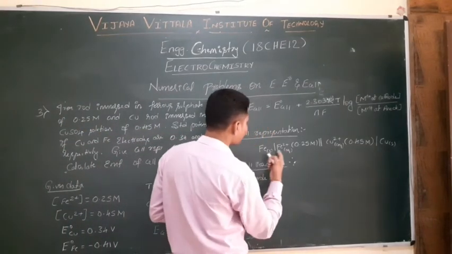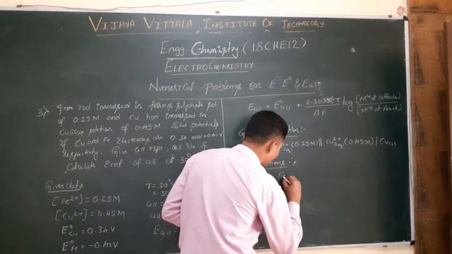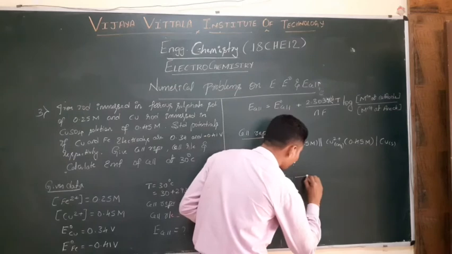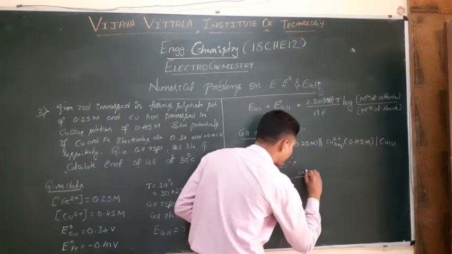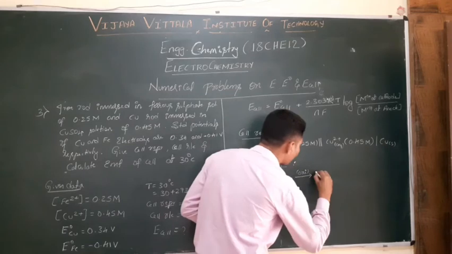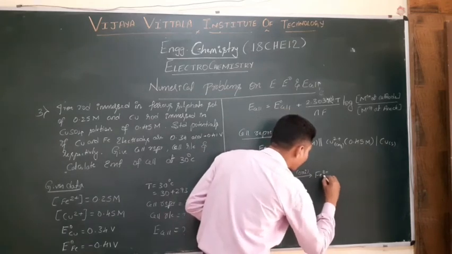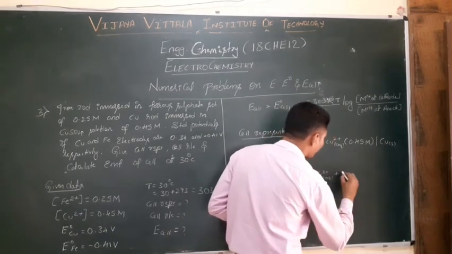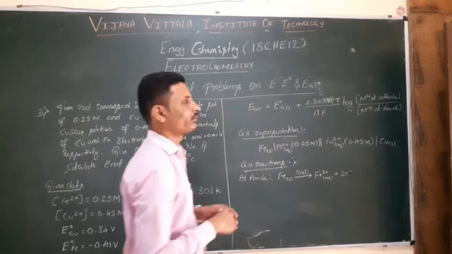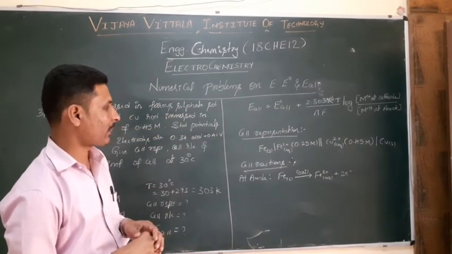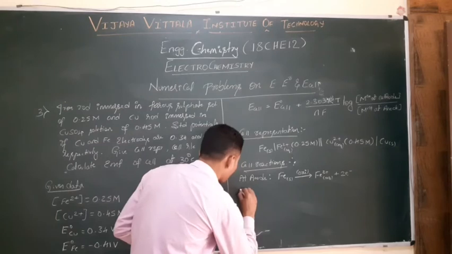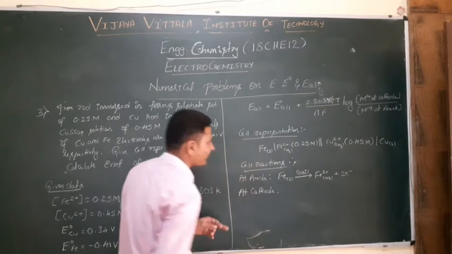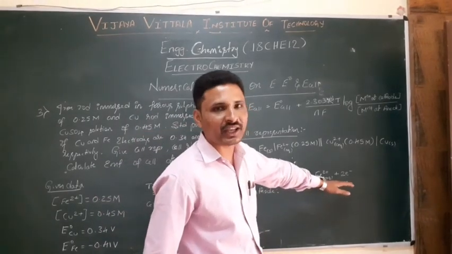Here the anode is iron, a metallic iron, which undergoes oxidation and gives rise to Fe2+ ions in aqueous solution plus 2 electrons. This is the half-cell oxidation reaction.